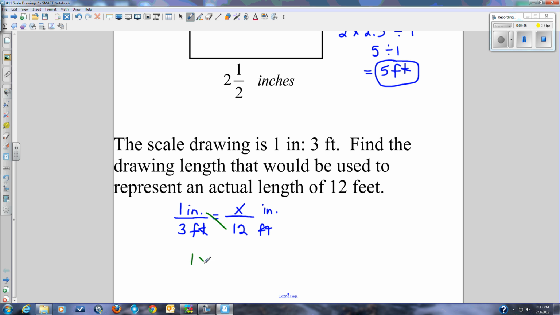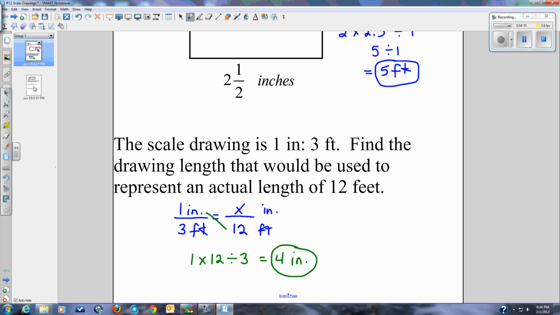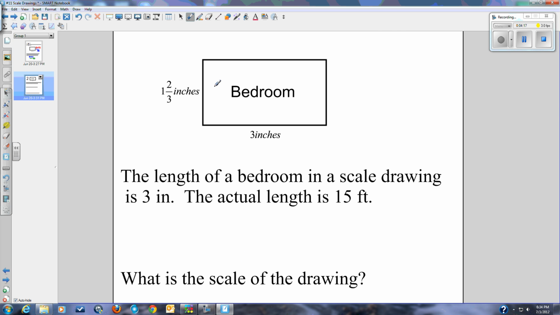So we're going to say 1 times 12, and then divide by the third number, which is 3. 1 times 12 is 12, divided by 3 gives us 4 inches. So in the actual drawing that you make, you would use 4 inches to represent an actual length of 12 feet. Let's move on to the next page.